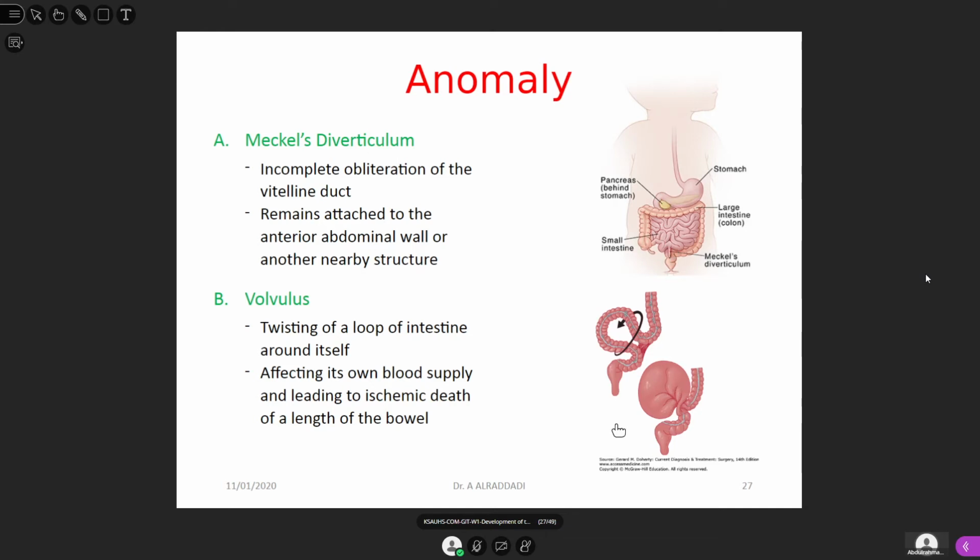We also have volvulus, which is a twisting of a loop of intestine around itself. This affects its blood supply and results in ischemic death of the tissue of the midgut.